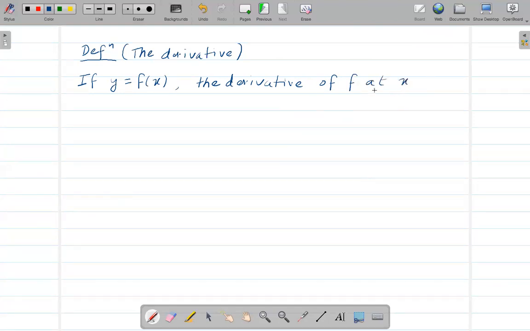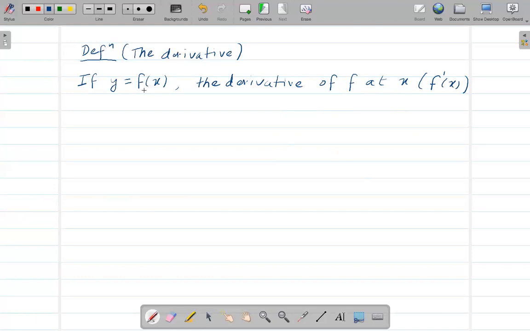The reason we have x here is because I have this f in terms of x, right? So the derivative of f at x, which I can also write as f to the power, well, something like 1, but this is not 1. We say f prime, all right? We don't say f to the power 1. We just say f prime of x.